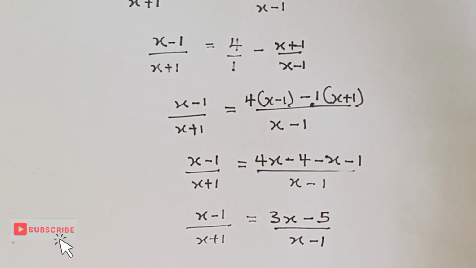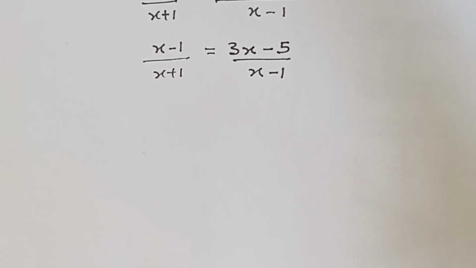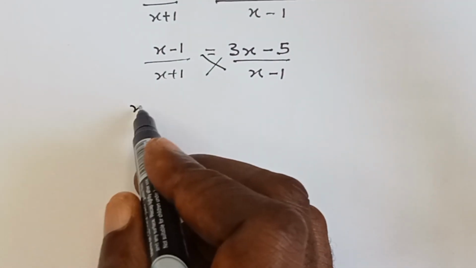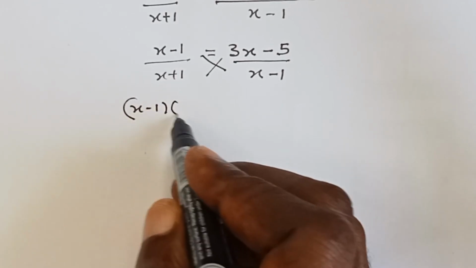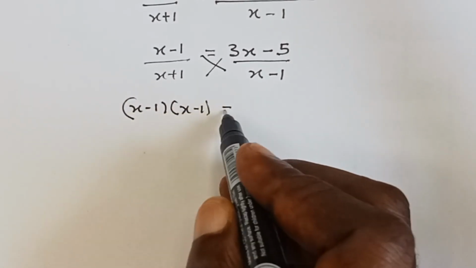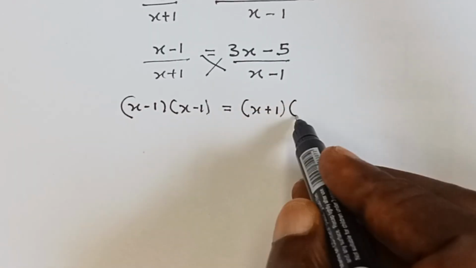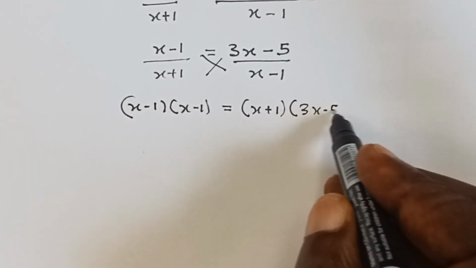So from here we can cross multiply. Let's cross multiply. Alright, so this multiplied by this, we have (x minus 1) times (x minus 1), and then this multiplied by this, we have (x plus 1) multiplying (3x minus 5).